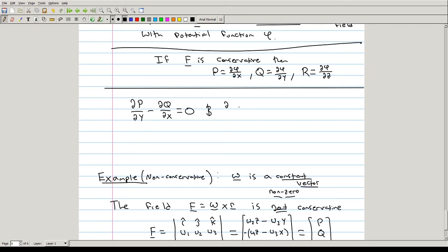We also have to have that for any conservative vector field in 3D, dQ/dz minus dR/dy has to equal 0, and dR/dx minus dP/dz has to be equal to 0.